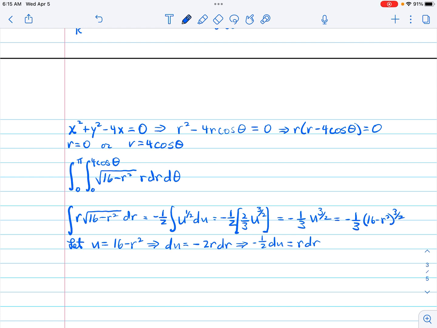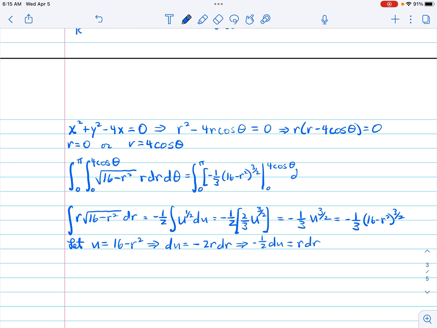Okay, so let's see about plugging that in here then. So we've got 0 to pi, and the antiderivative, so here it is. I've got negative 1/3 times 16 minus r squared to the 3 halves, and I want to evaluate that from 0 to 4 cosine theta.